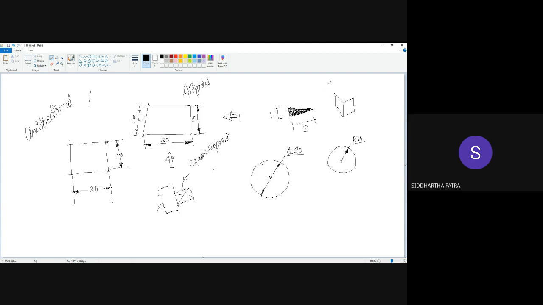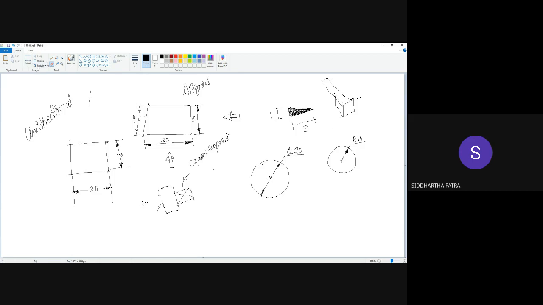Of course, if I look at it from the top, this larger diameter would be a larger dimension, but all I'm trying to say here is that this portion is actually a square.